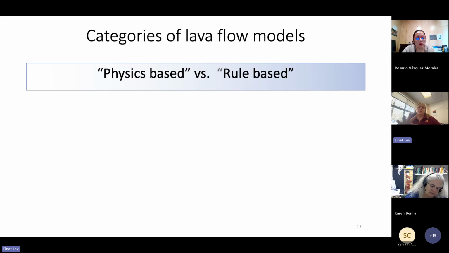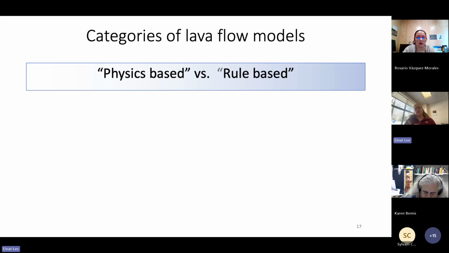There's also a way of categorizing lava flow models by the type of math that they do. There's a category that would be called physics-based, where there's usually a numerical solution of differential equations that solve for energy, momentum, and volume conservation.